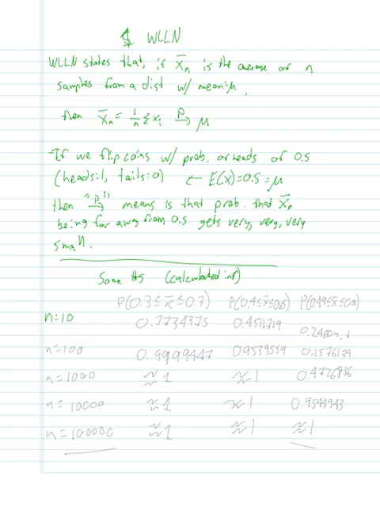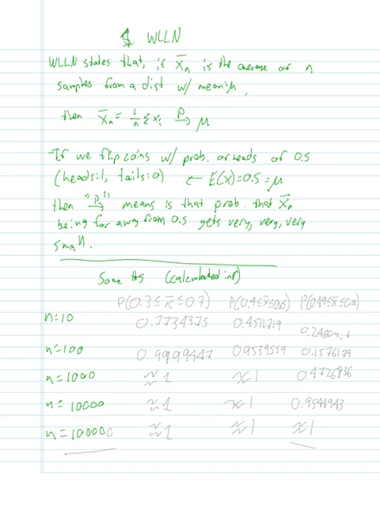So I'm going to do n equals 10, n equals 100, n equals 1,000, n equals 10,000, and n equals 100,000, right?